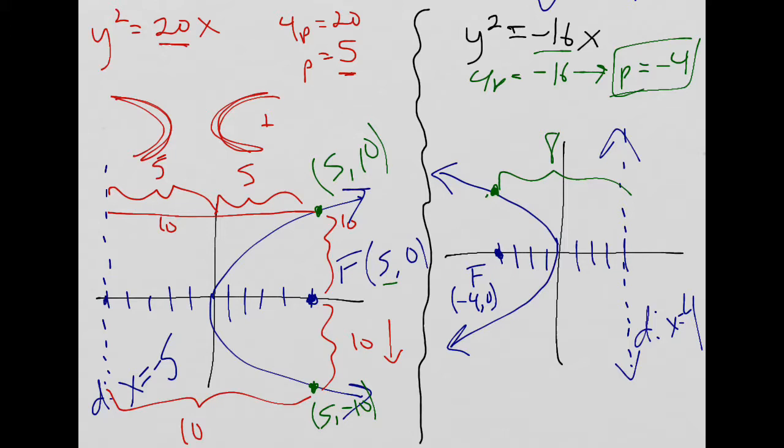Which means that this length is also going to be 8, because of that equidistant property of a parabola. So that green dot has coordinates -4, comma, +8, and then I get a flipped version of it down here, which is -4, comma, -8.